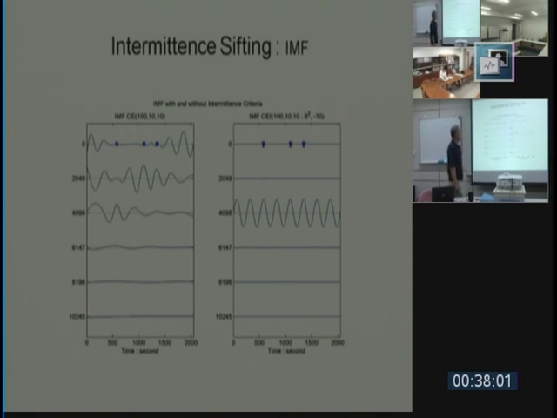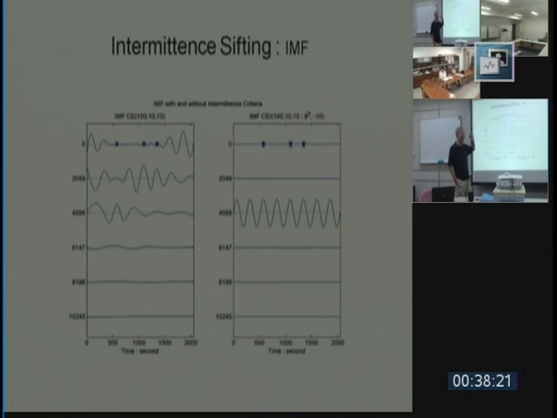Another reason that we institute this intermittency is that with intermittency, you can control the number of IMFs that you get. You can say that I want 10, then you can get 10. You want 11, you can get 11. But in this way, you have no control.